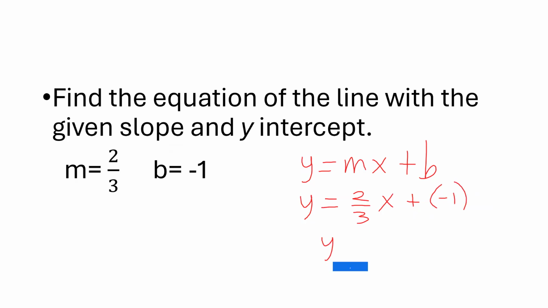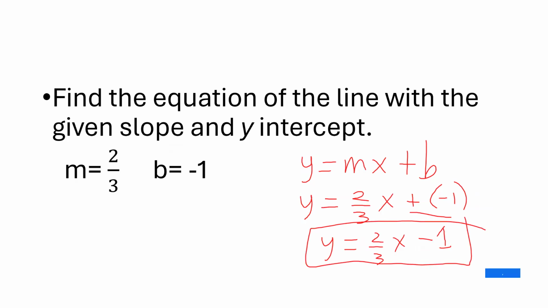So y equals 2/3 x, positive times negative is negative, -1. Wow, that was fast. That becomes my equation for this line with a slope of 2/3 and the y-intercept of -1.